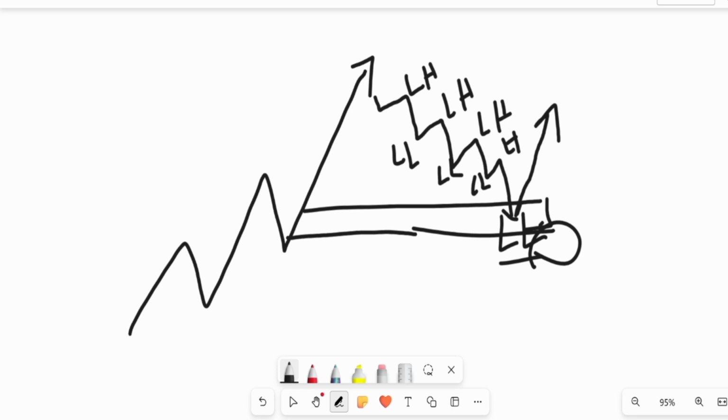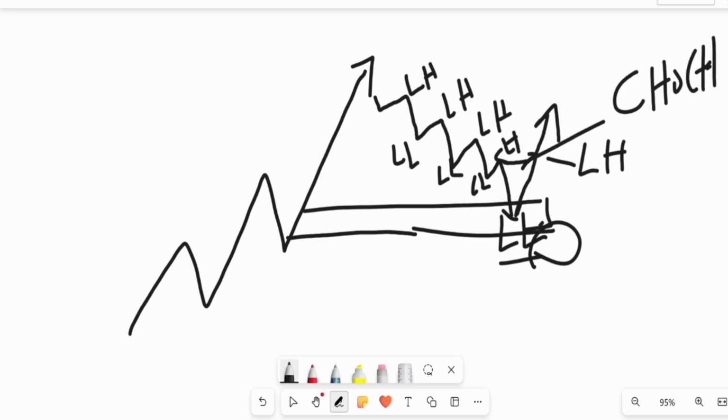It bounced and then it broke the previous lower high. After breaking the recent lower high, that's where we mark something called change of character.